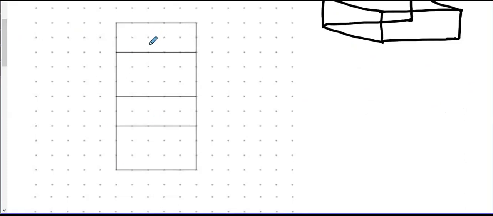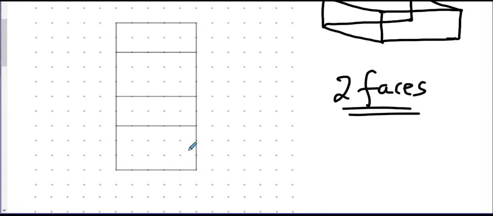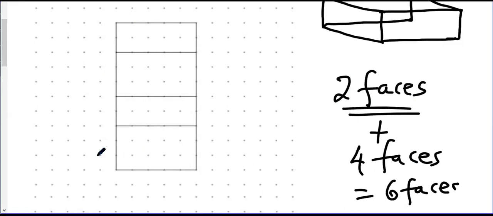But if you count how many faces are here, we have 1, 2, 3, 4 faces. So we are left with 2 faces to complete this net, because 2 faces plus these 4 faces gives you 6 faces. And these 6 faces make up a cuboid.